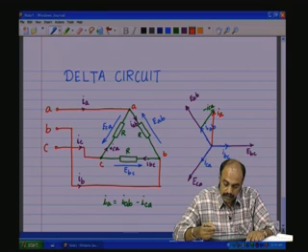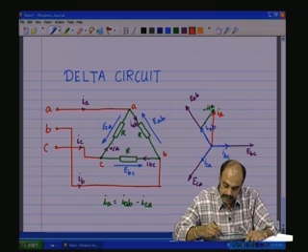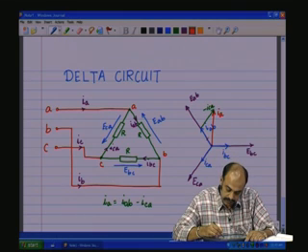So, this would be IA, and note that IA and IAB are having a phase difference, and that phase difference is again 30 degrees.